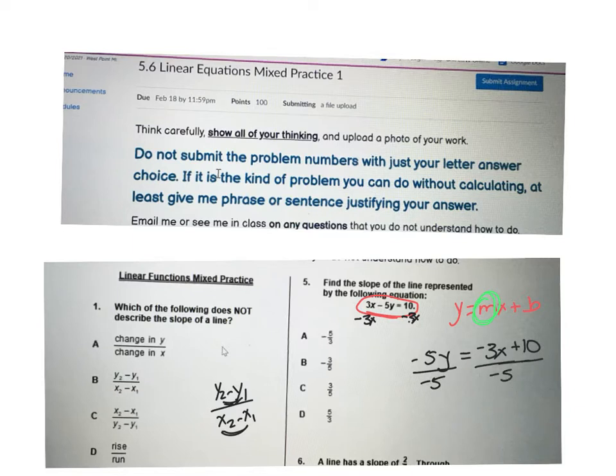So we're going to divide by negative 5 on both sides, leaving us y is (3/5)x plus 10 divided by negative 5, which is negative 2. So what is the slope of your line?